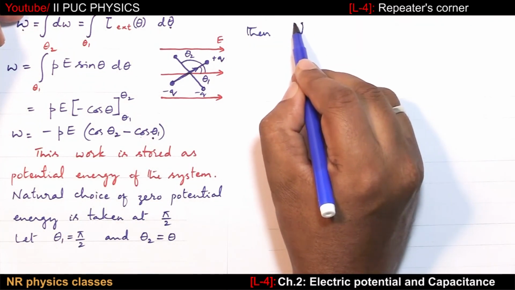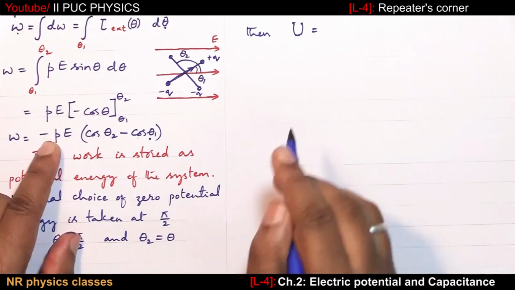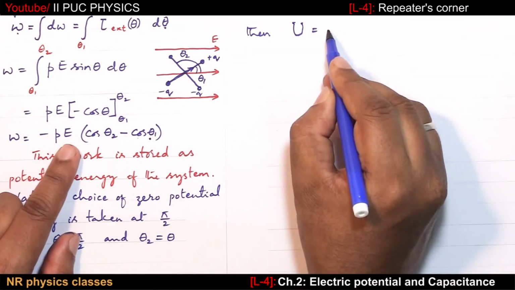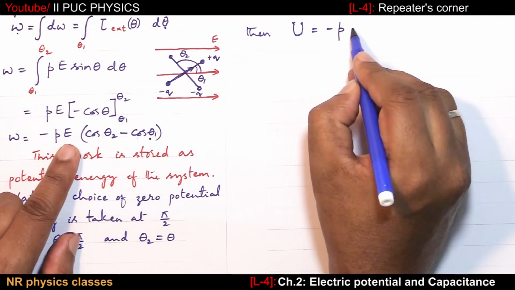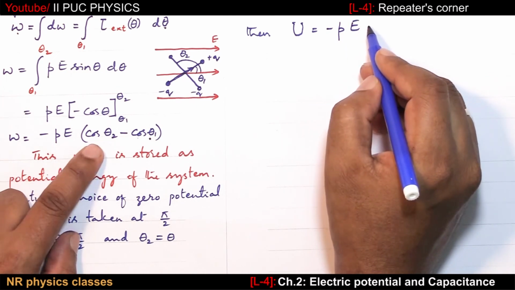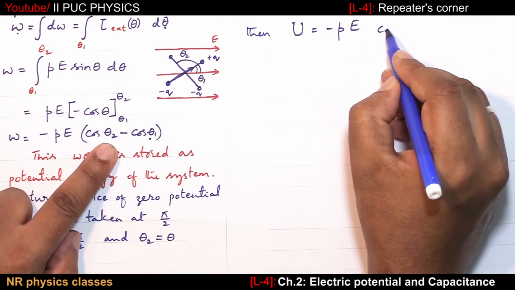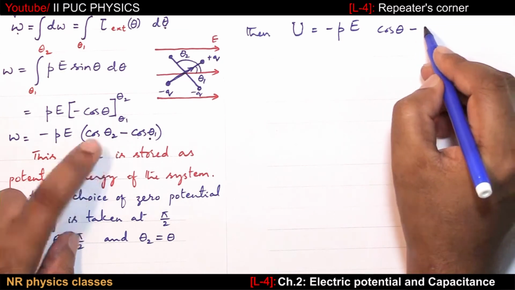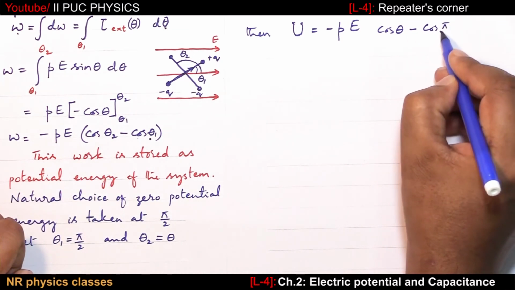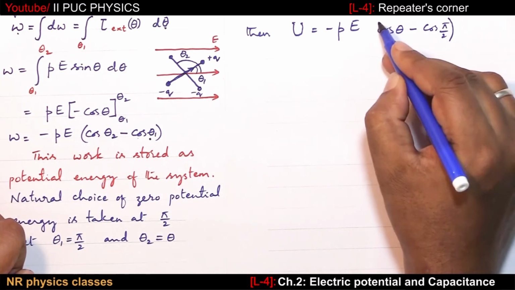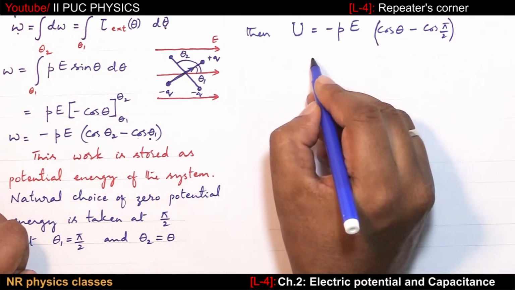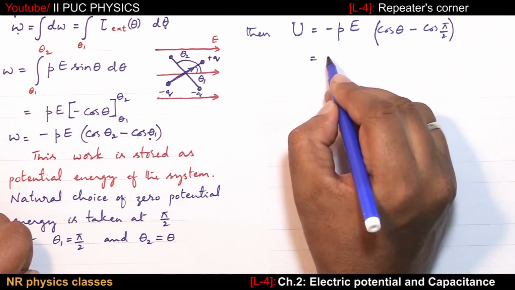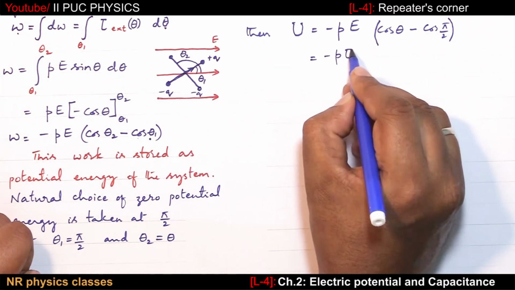Potential energy equal to minus P into E, minus P into E cos theta, because theta 2 is theta, minus cos pi by 2, minus PE cos theta.